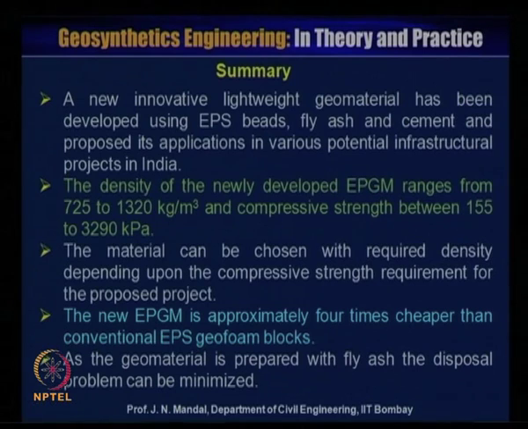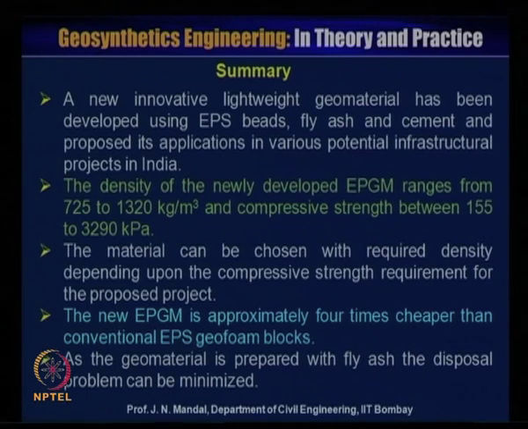The density of the newly developed EPGM ranges from 725 to 1320 kg per meter cube, and compressive strength between 155 to 3290 kilopascal. The material can be chosen with the required density depending upon the compressive strength requirement of the proposed project. The new EPGM is approximately 4 times cheaper than the conventional EPS geofoam block material.